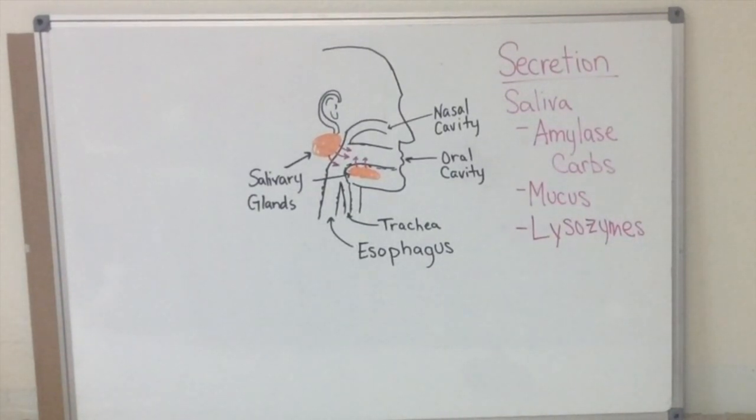Parasympathetic stimulation produces a watery saliva rich in enzymes. Sympathetic stimulation produces a smaller amount of saliva that is thick and rich in mucus. This would be the cotton mouth that we experience when working out or during stressful situations.